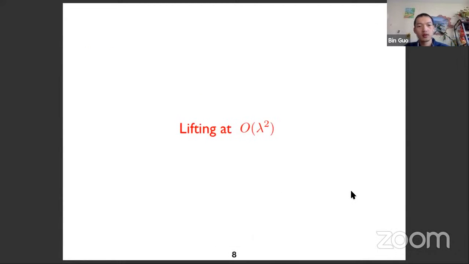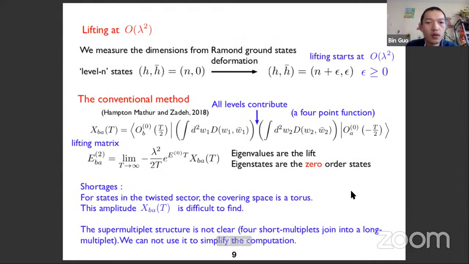Okay. Now let me introduce the lifting at second order in lambda. And we will measure the dimensions from the Ramond ground states. So level n states means the dimensions h and h bar are n, 0. If we deform this theory away from the orbifold point, we expect some change of the dimension, because the difference between h and h bar is an integer.